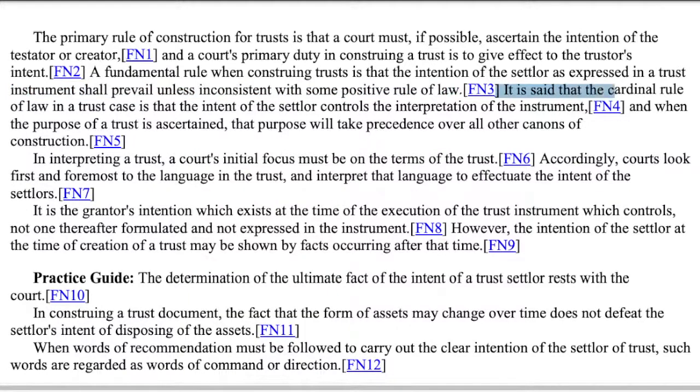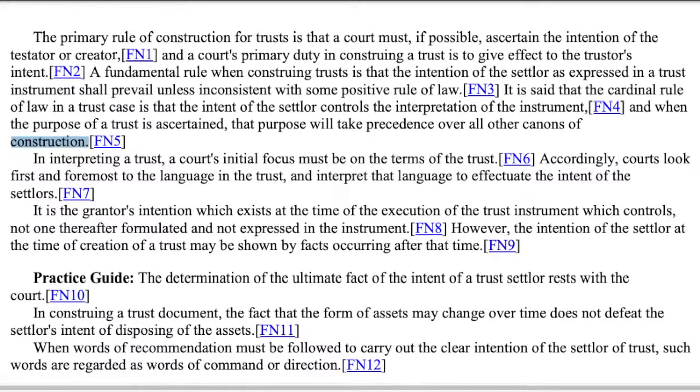It is said that the cardinal rule of law in a trust case is that the intent of the settlor controls the interpretation of the instrument. Cardinal rule of law in a trust case. Man, you pull that line out to support whatever you're trying to say. The intent of the settlor controls the interpretation of the instrument. And when the purpose of the trust is ascertained, that purpose will take precedence over all other canons of construction.